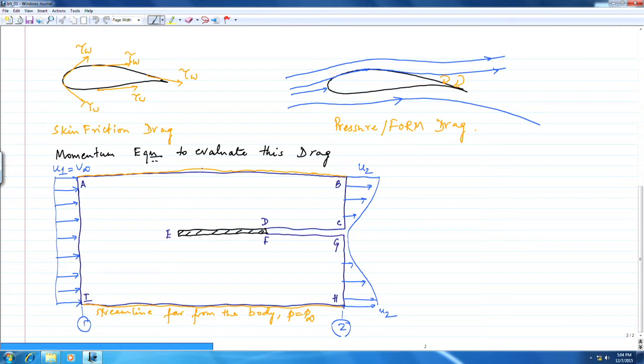Essentially this streamline is looking at free stream. So, we draw a boundary just inside that streamline, which is AB.